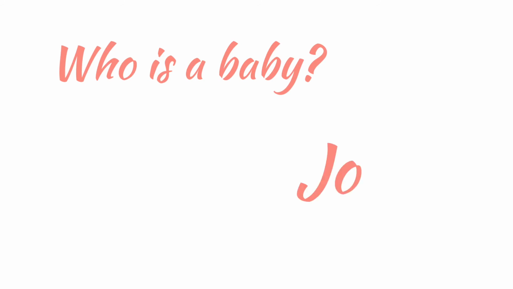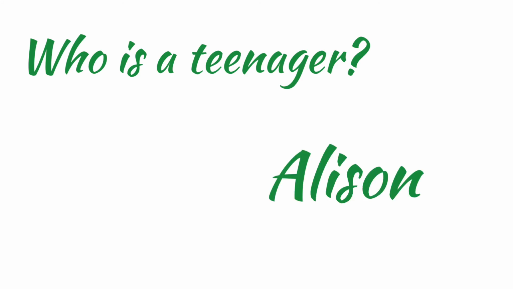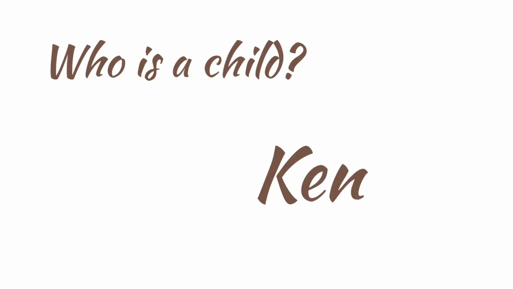Joe. The fourth, who is a teenager? Allison. And the last, who is a child? Ken. If you can answer my questions well, it means that you already understand the conversation before.